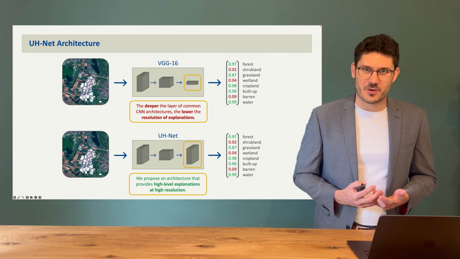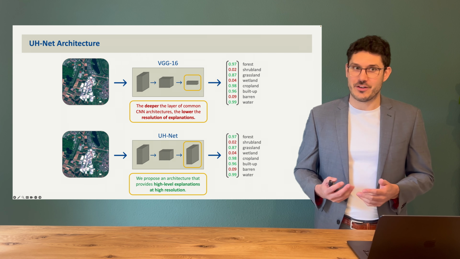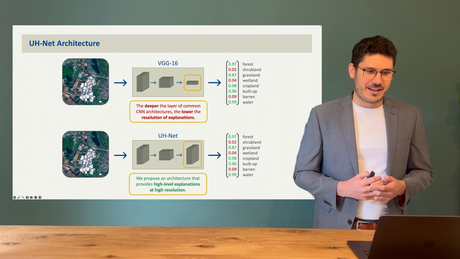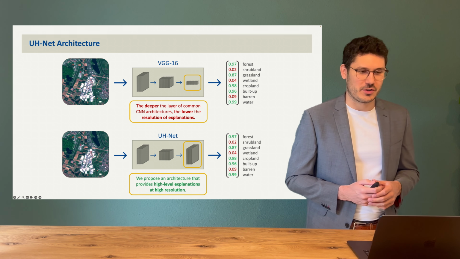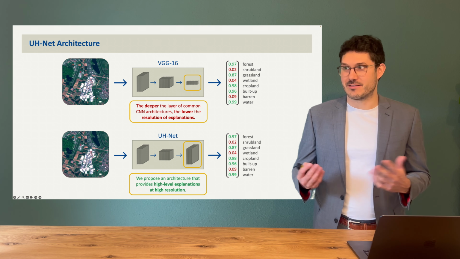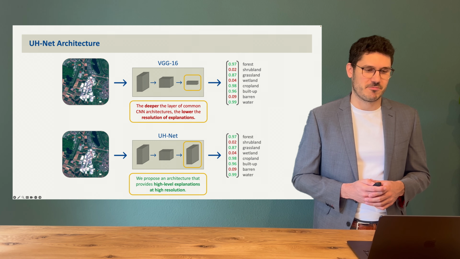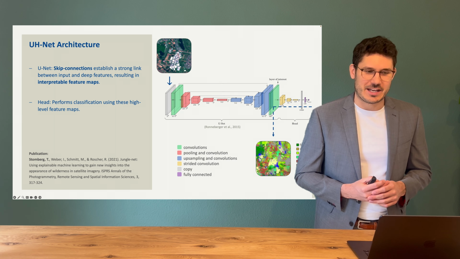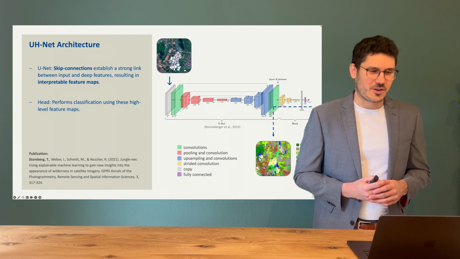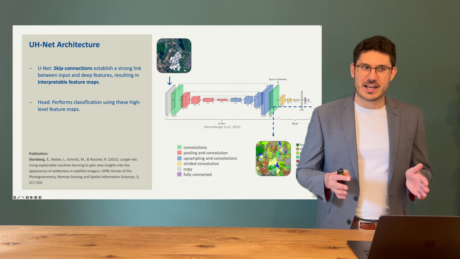What we propose is an architecture, the UHNet, that gives you high-level explanations at high resolution by providing a deep layer in high resolution. And here you can see the architecture in more detail. It consists of a UNet by Ronneberger et al.